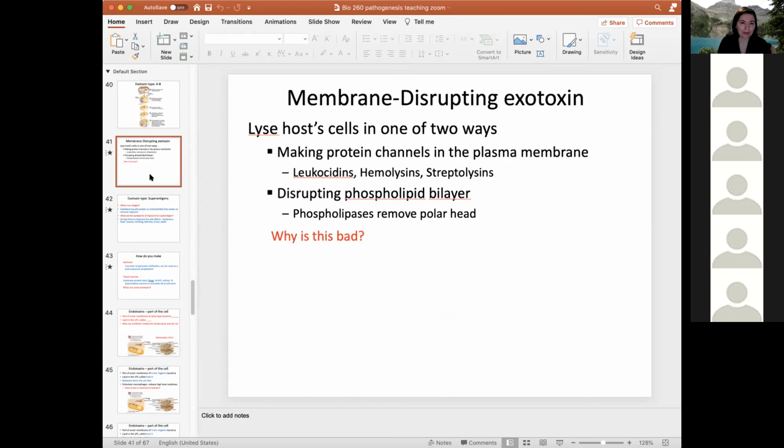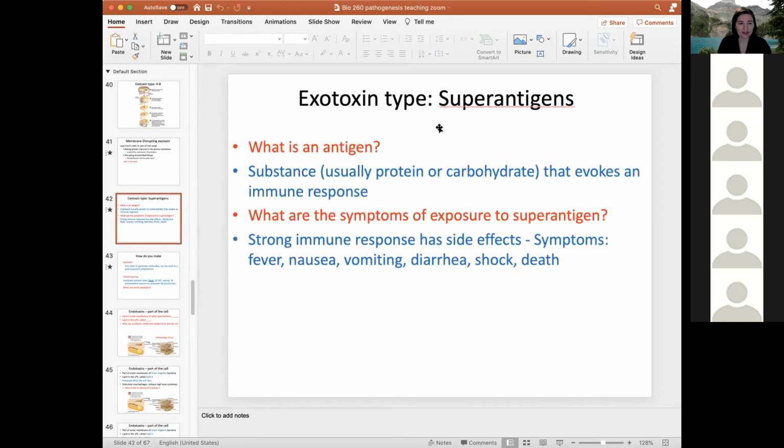The membrane disrupting types come in two forms. One of them just pokes holes in cells. The other chops the phospholipid head groups off of phospholipids. Both of these cause quite a lot of damage. It basically destroys cell integrity. And then the superantigens cause your immune response to overactivate and usually a lot of inflammation.